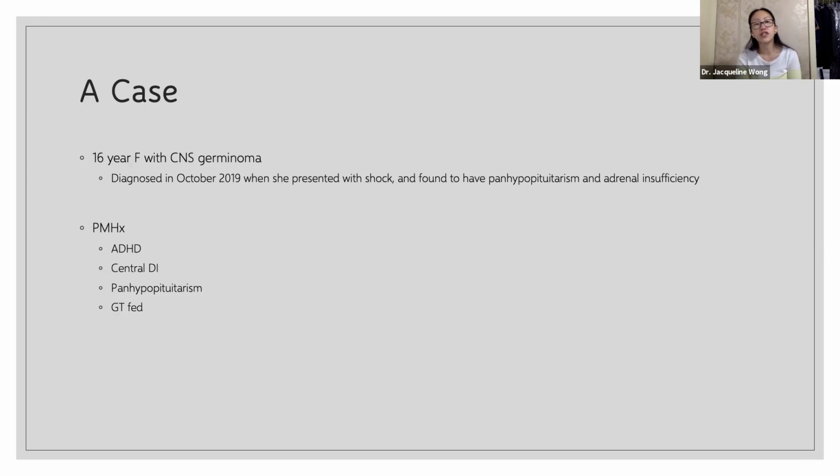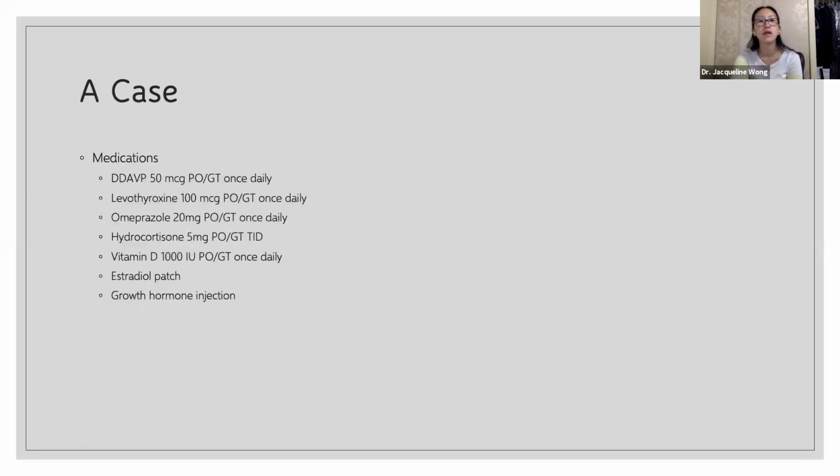So she initially had known ADHD, and then subsequently with this diagnosis was found to have central diabetes insipidus, panhypopituitarism, and she ultimately required a G-tube insertion for nutritional support. Her medications include DDAVP, levothyroxine, omeprazole, hydrocortisone, vitamin D, and estradiol patch, as well as growth hormone injection.